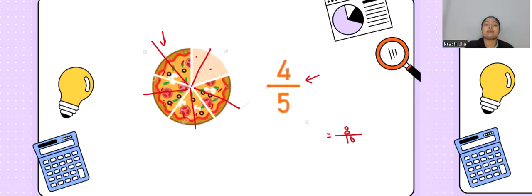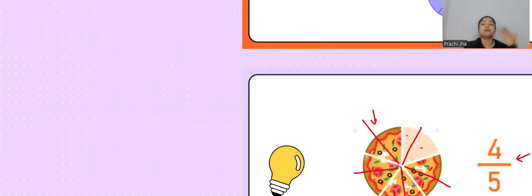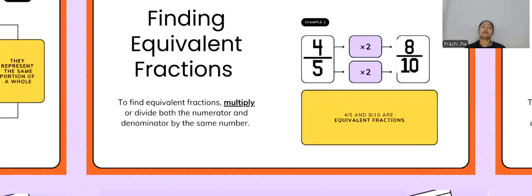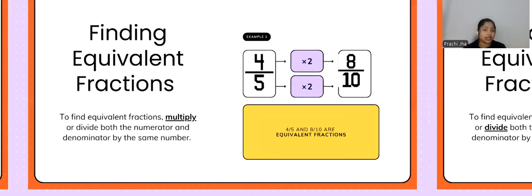So we are showing how we can multiply the numerator and the denominator by the same number to get an equivalent fraction. For example, for 4 over 5, I multiplied both the numerator and the denominator by 2 and got 4 times 2, which is 8, and 5 times 2, which is 10.